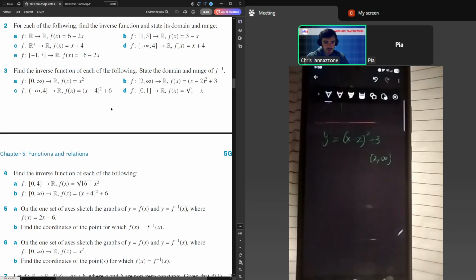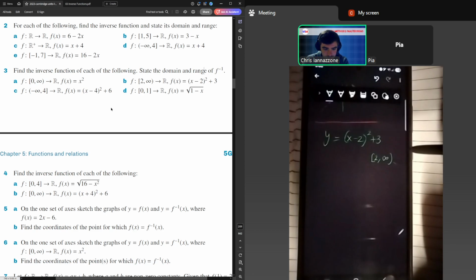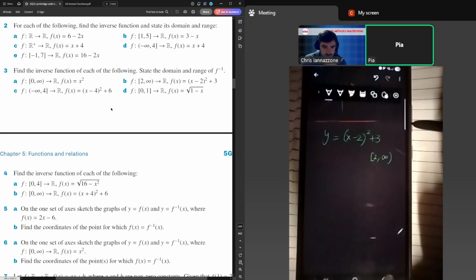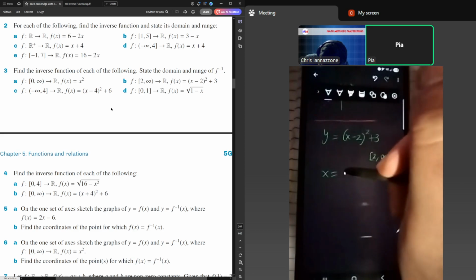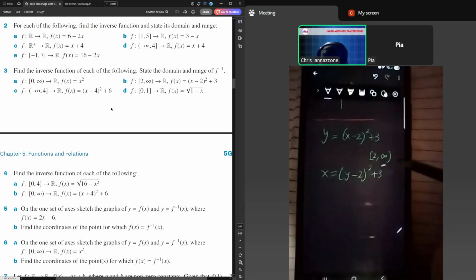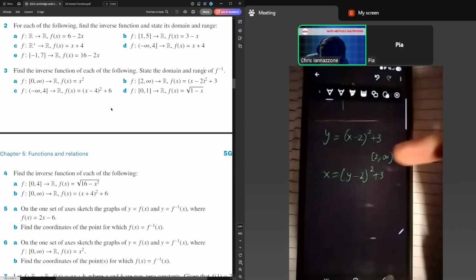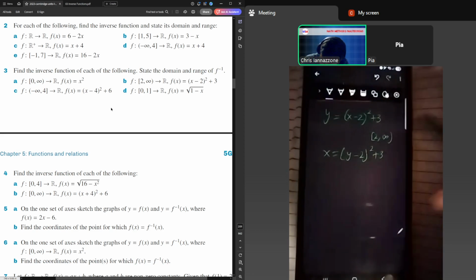How are we going to find the inverse? Swapping the x and the y. Yep, swapping x and y, that's good. x equals (y minus 2) all squared plus 3. And then as far as getting the y back, what are we doing? x minus 3.